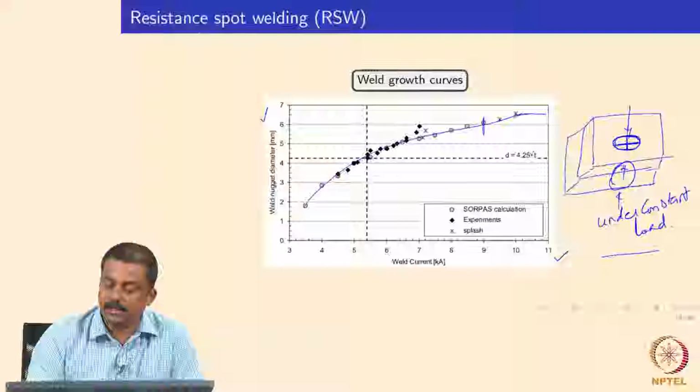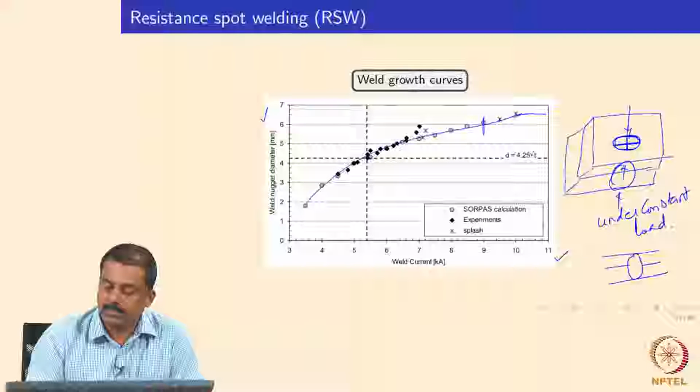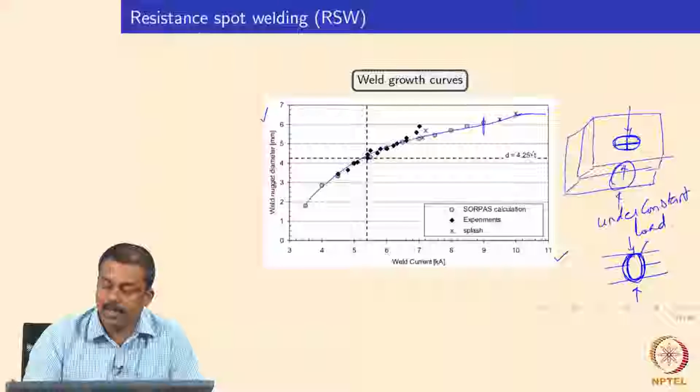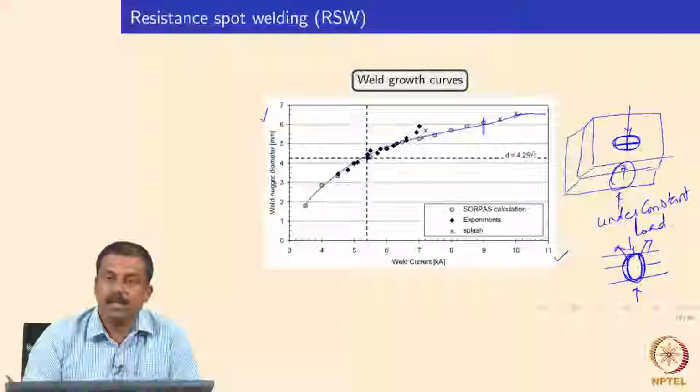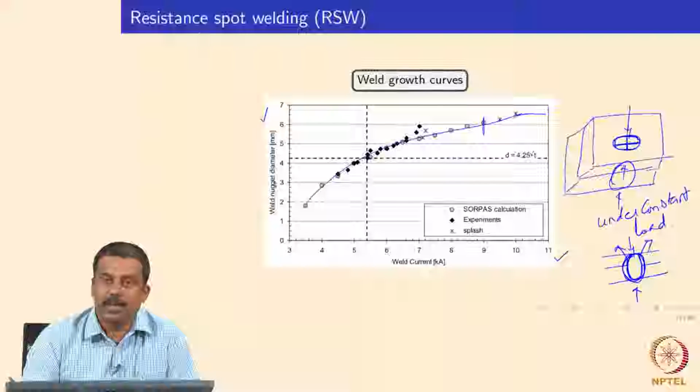For example, if you look at the cross section, you form something like this, and you are applying a load, and if the diameter increases beyond a certain diameter, you would also expel the liquid material that is formed between these two electrodes.